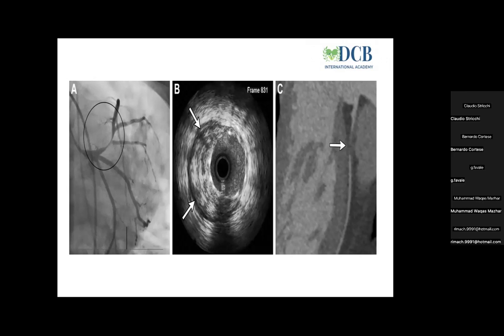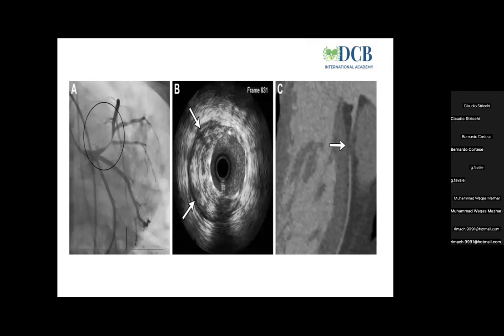So I think you should wisely use IVUS, which in this case shows a normal external elastic lamina, not a typical pattern of plaque. Of course, OCT would present a nicer image, but this is enough to understand that this is not a typical aspect of atherosclerotic plaque.